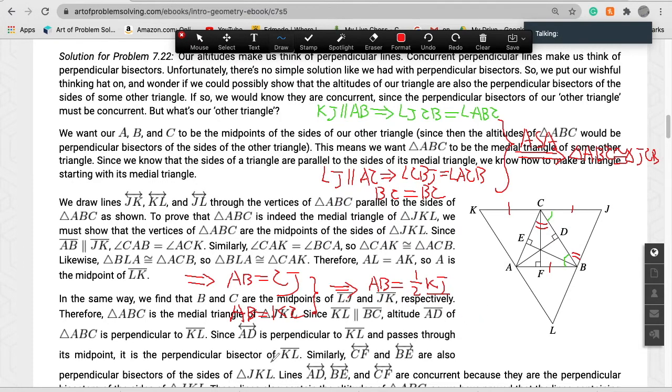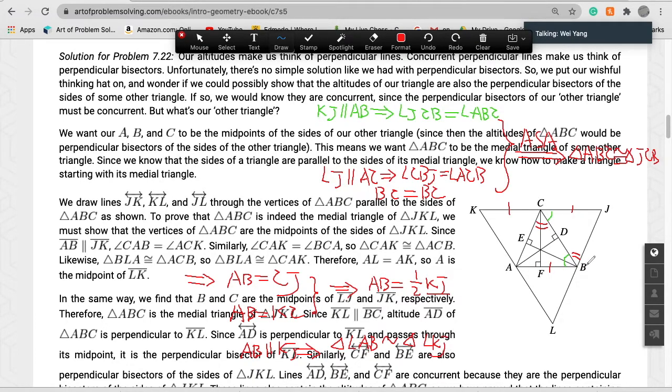Then, because AB is parallel with KJ, from this one, actually you can immediately get that these two triangles are similar. Triangle LAB is similar with triangle LKJ.